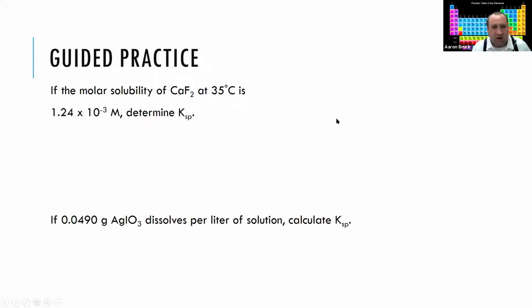So let's move on to another example. If the molar solubility of calcium fluoride at 35 Celsius is 1.24 times 10 to the negative third molar, determine the value of KSP. Well, since we just went through that, we know that calcium fluoride breaks down into calcium ion and 2 fluoride ions.